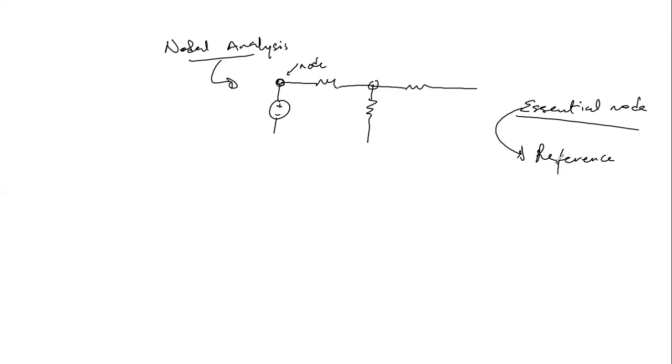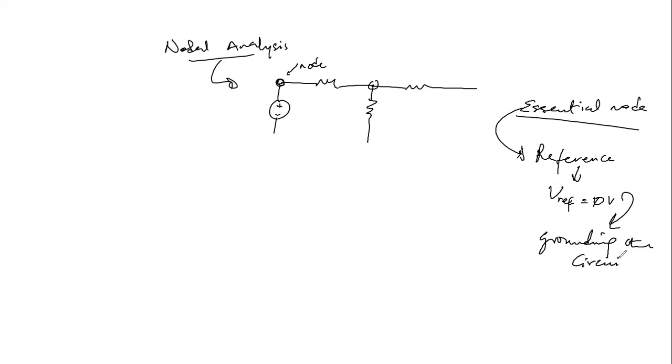So it's very pertinent to be able to identify the essential node should we decide to deploy the nodal technique, because the reference node is that point in the circuit we assign a reference voltage of 0 volts, more like grounding the circuit.